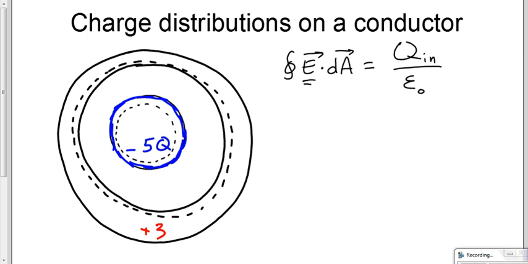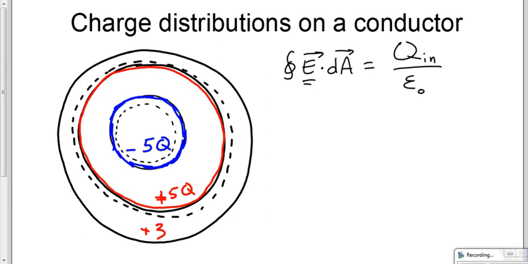And indeed, if we could see it, almost like it's painted on the inner surface of this shell, is minus 5Q. I'm sorry, that's plus 5Q. Plus 5. Red usually denotes positives, at least when I draw it.